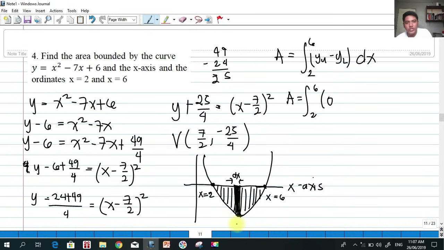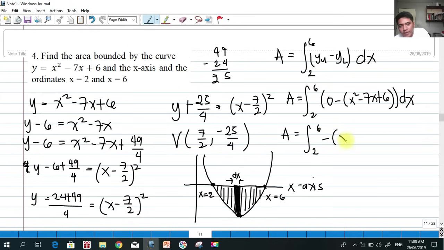Our y lower touches the parabola, so that should be the negative of x squared minus 7x plus 6, dx. If you evaluate from 2 to 6, we have the integral of the negative of x squared minus 7x plus 6 dx.